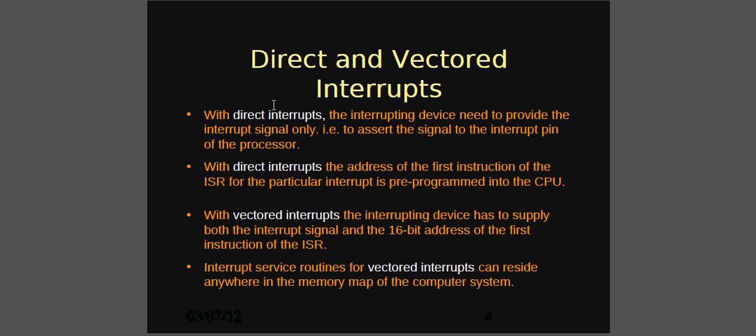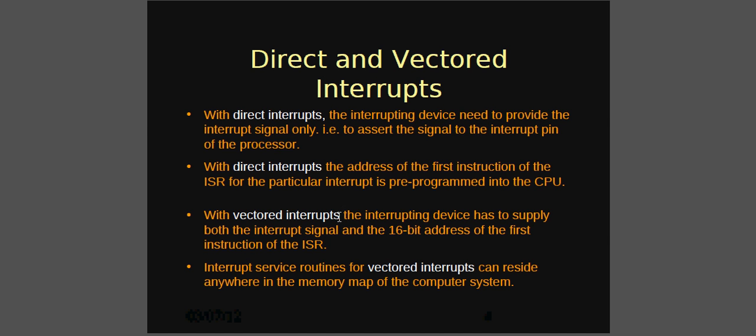It's not that every ISR you want can be assigned to these direct interrupts. No, because these direct interrupts already have the address pre-programmed inside the CPU. So this might be a special type of interrupt where the address of the interrupt service routine is already embedded inside the CPU.